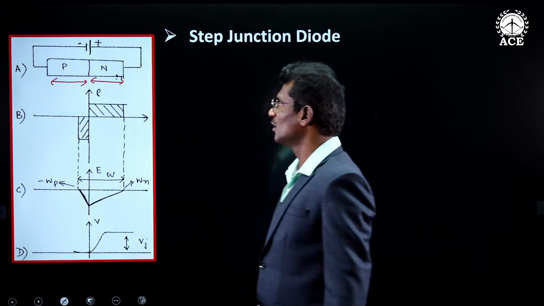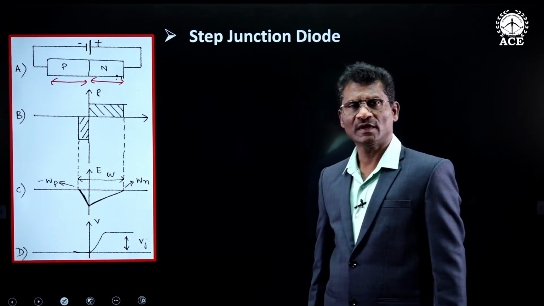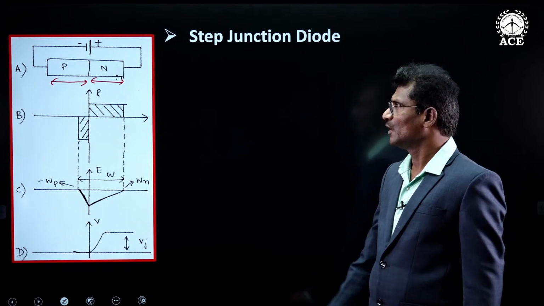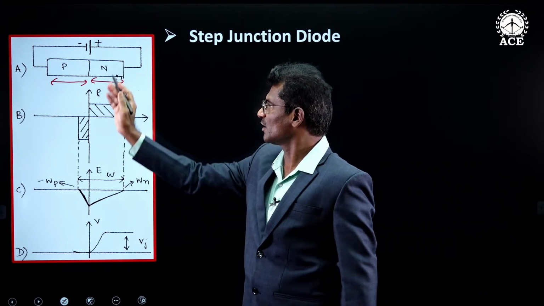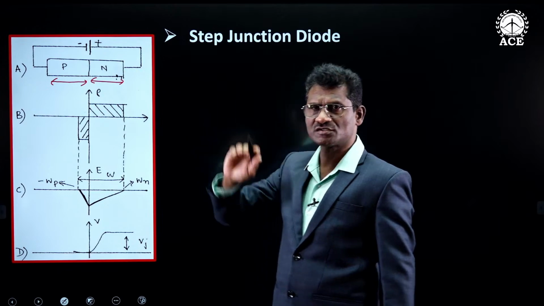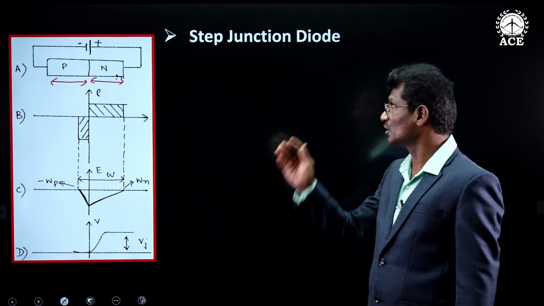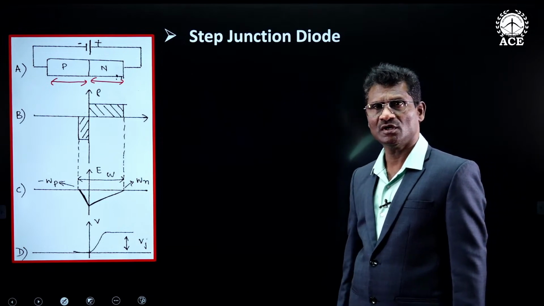And in P side, assume same number of acceptor atoms are added per cubic volume. And exactly at the center, acceptor concentration changes to donor concentration. Such type of construction is called step junction diode.